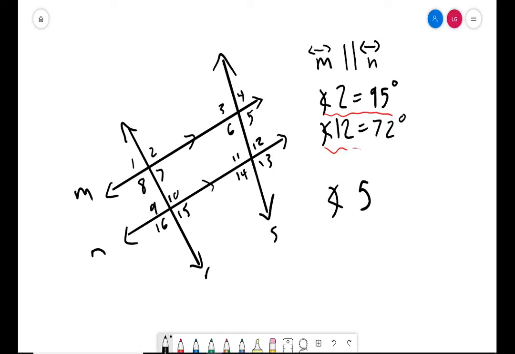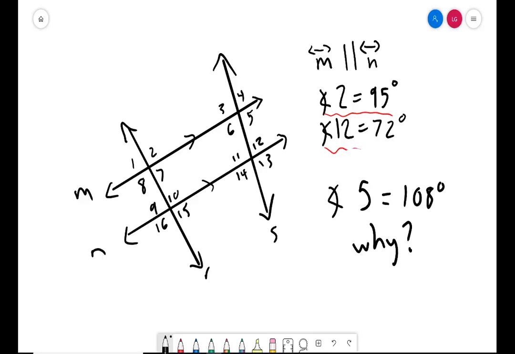So what I want to say is that angle 5 is 108 degrees. Why? Well, the first thing to remember is that really we're looking at M and N being crossed by S, right? We really want to think about the parallel lines being crossed by a single line.